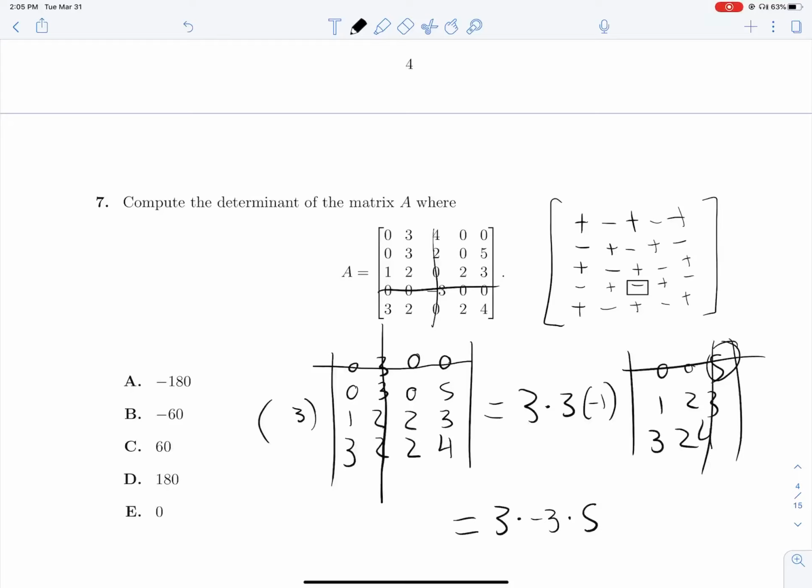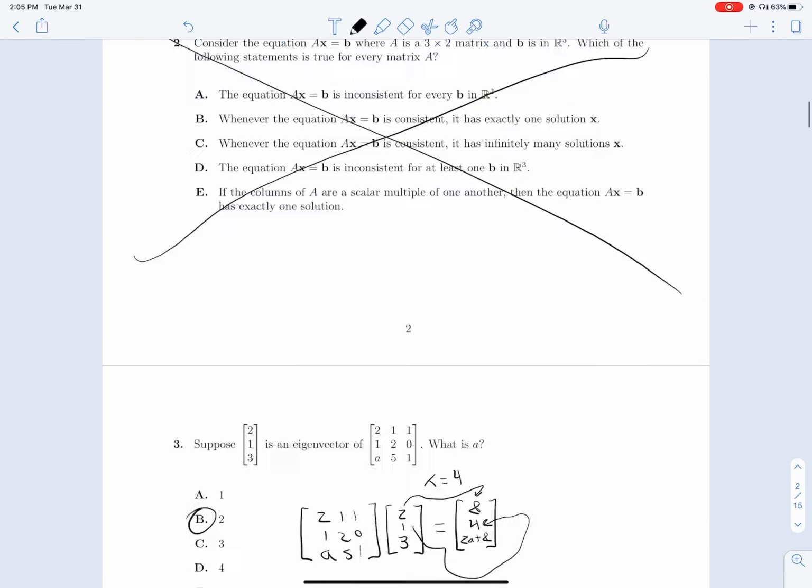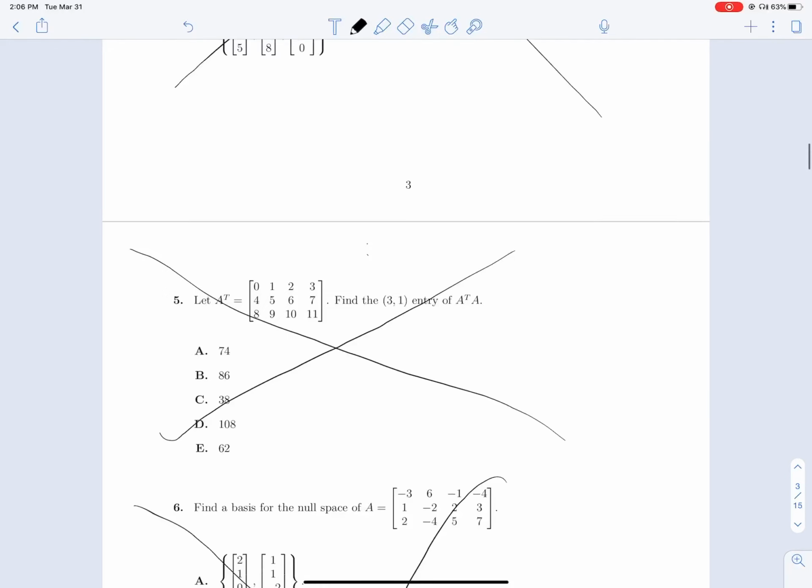And we are multiplying by the determinant of (1, 2; 3, 2), which is negative 4. Yes, negative 4. Okay, thought I messed that up for a second. Negative 4. And when we multiply all of this out, we are going to get 180. So 7 is D.